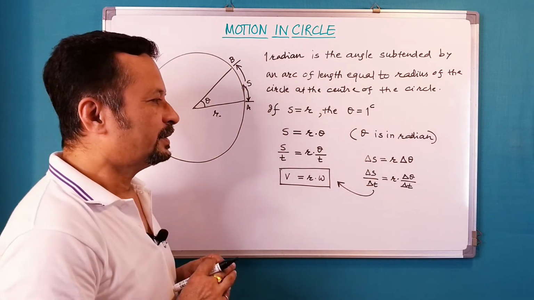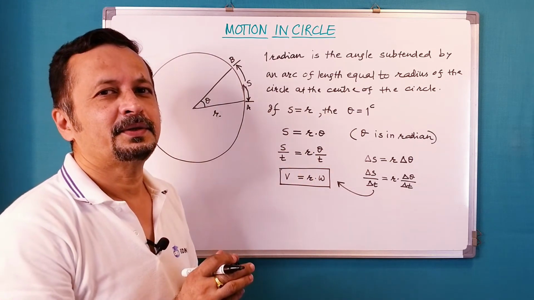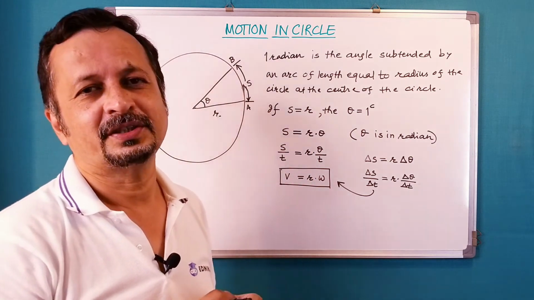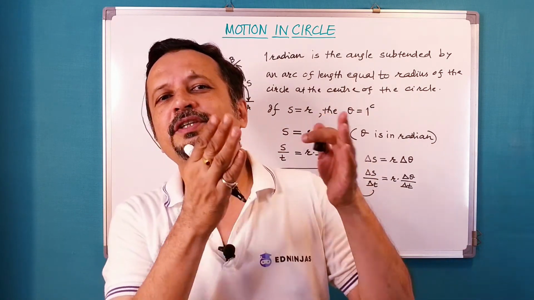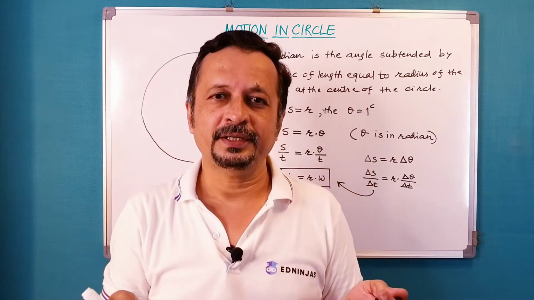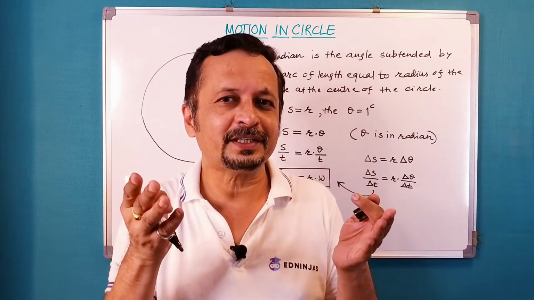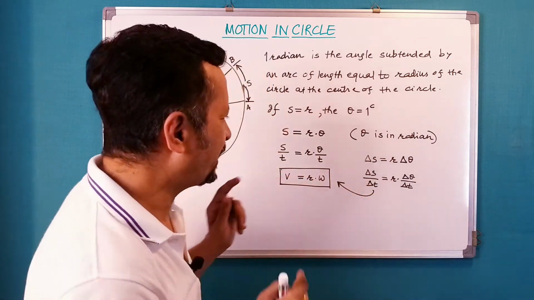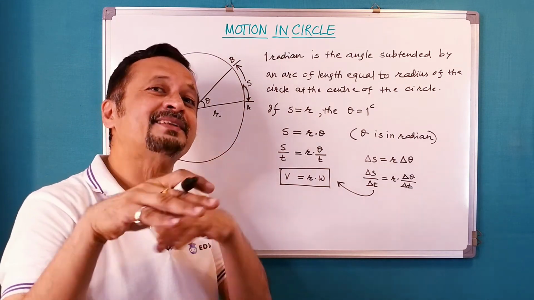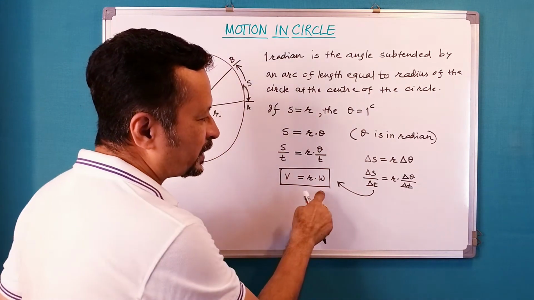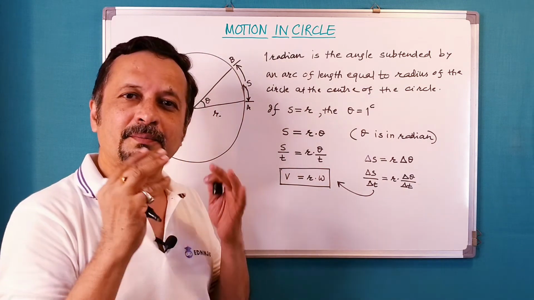Now again if I have to find the acceleration, we have done that in calculus, that rate of change of displacement is velocity and rate of change of velocity, is it not acceleration? So if I divide this velocity by time, again I'll be taking delta v by delta t, and over here again delta omega by delta t.